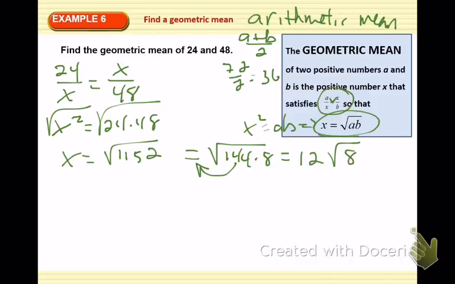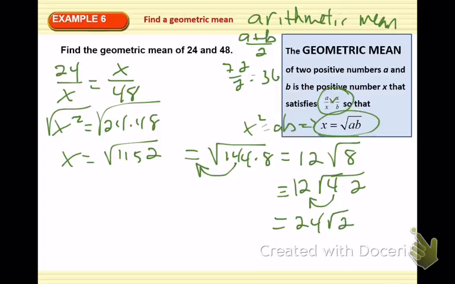Now, 8's not done. 4 will go into 8. So I can actually rewrite this as 12 square root of 4 times 2. And then square root the 4 and pull it back out. Square root of 4 is 2, so I get 2 times 12, which is 24, square root of 2.